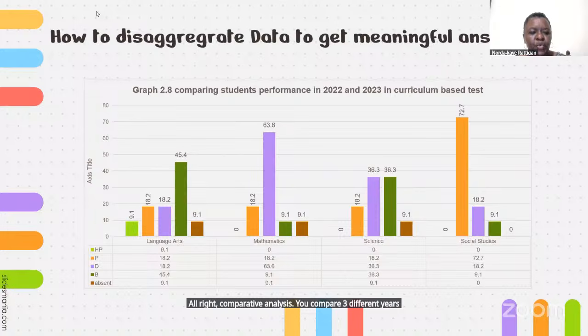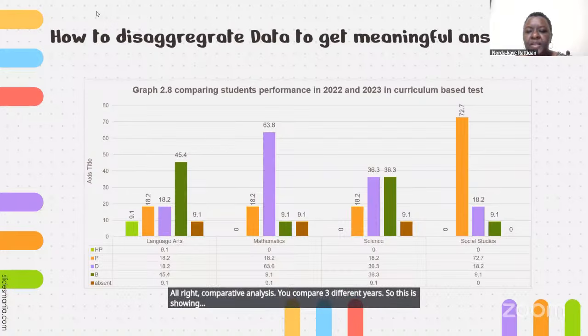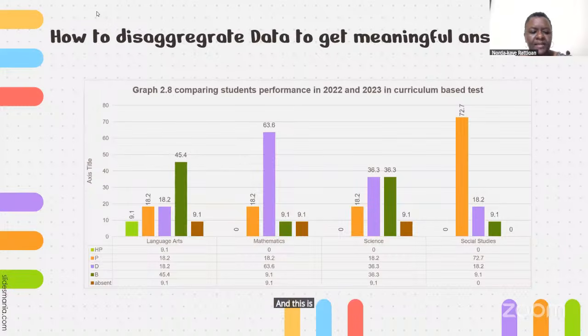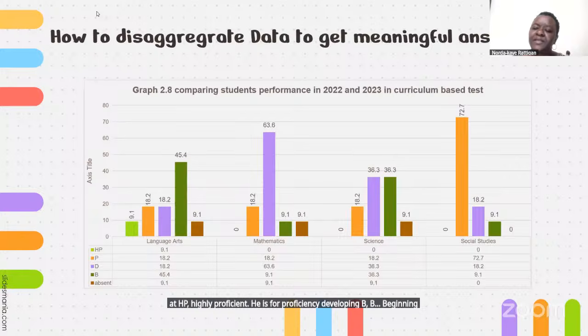So this is showing from 2022 to 2023 in CBT, and this would be at the primary level. And this is us looking at how many children are at HP, highly proficient. P is for proficient, D developing, B beginning, and A is absent.